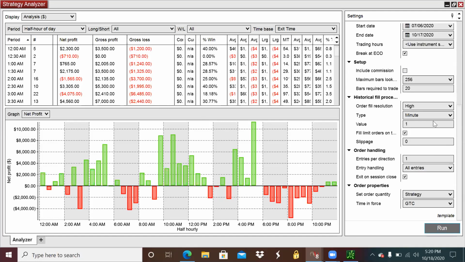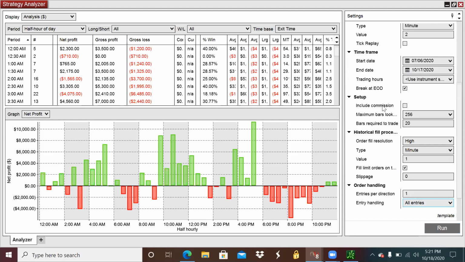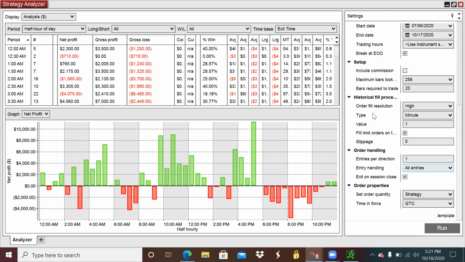Let me show you how to do it since we're here. If you don't have NinjaTrader, it has some good abilities to see where it's profitable and when it's not profitable.